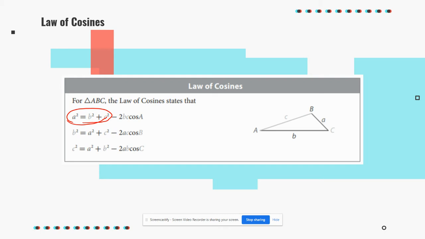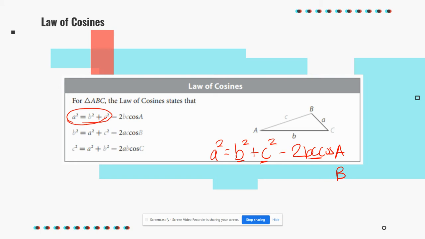So the way that I looked at it is if I'm using capital A, then the little a squared is what I have here, and then everything else is sides. So you add these two together squared, and it's minus 2, and then the letters that go here are the same ones on this side, BC, and it's cosine of A.